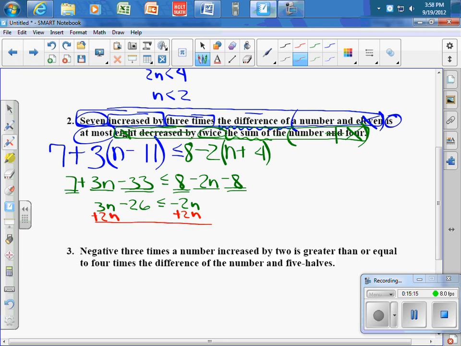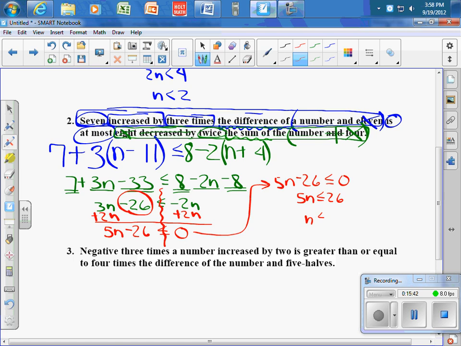Now keep in mind where the inequality sign is. 3n plus 2n is 5n. What else do you have here? Minus 26 is less than or equal to, and then we talked about this earlier, how that's equal to 0. So 5n minus 26 is less than or equal to 0. Adding 26 to both sides, I get 5n is less than or equal to 26. N is less than or equal to 26/5.